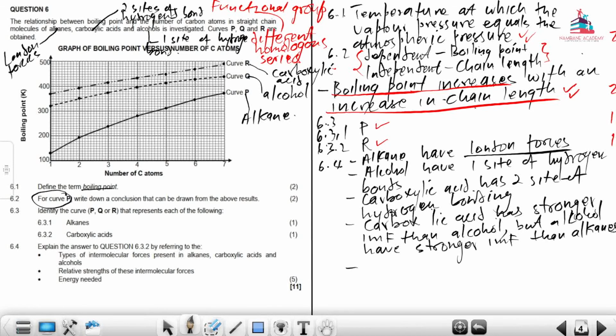So what is it that is left? It's me to say something about the energy needed.